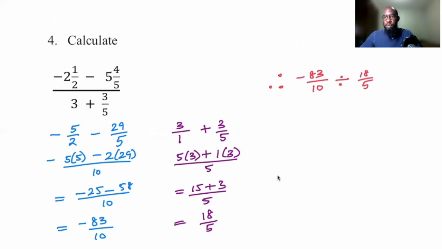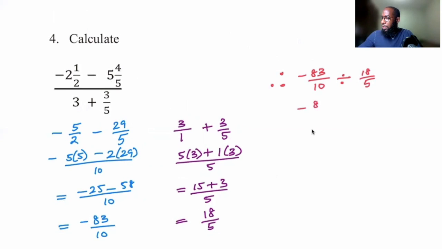All right, so continuing, negative 83 over 10 multiplied by 5 over 18. Change the division sign to multiplication and invert.